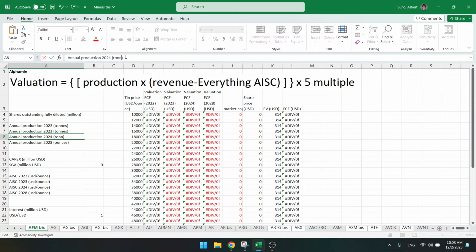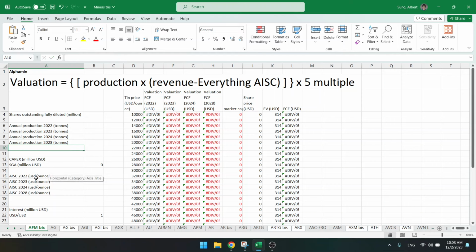I always wanted to add Alphamin to our lists. I will consider it as a copper miner. Tin and copper are actually following each other.